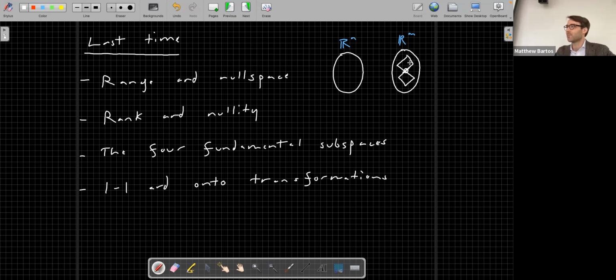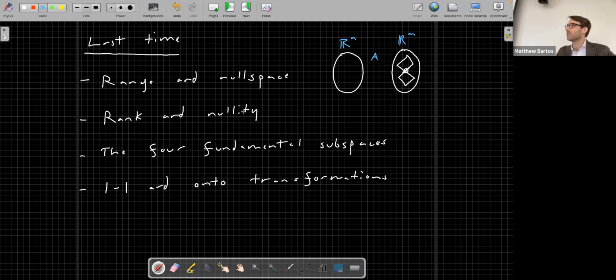It's the set of vectors in our codomain that can be reached by applying A to any vector in our domain.